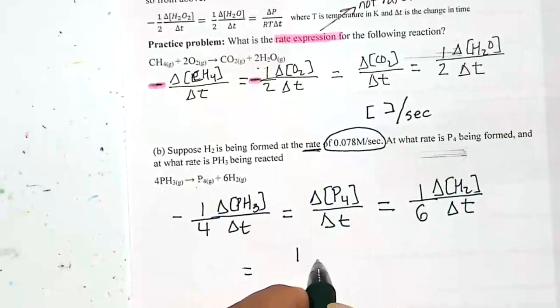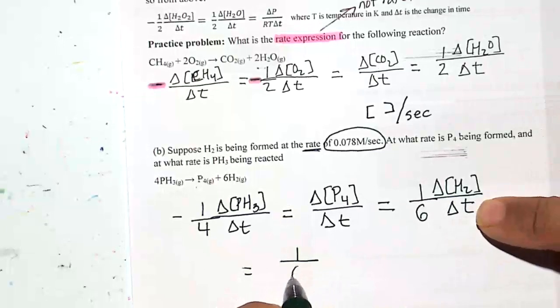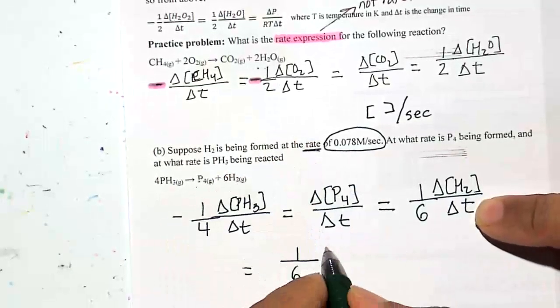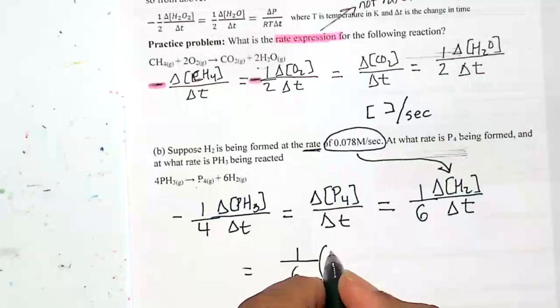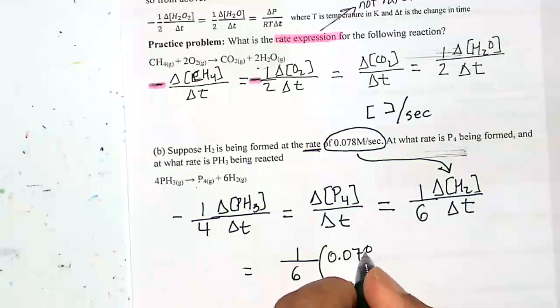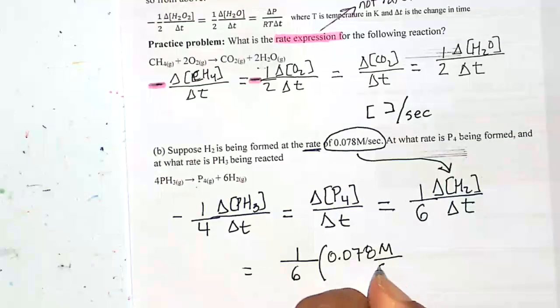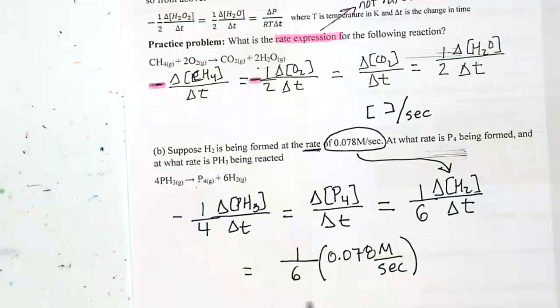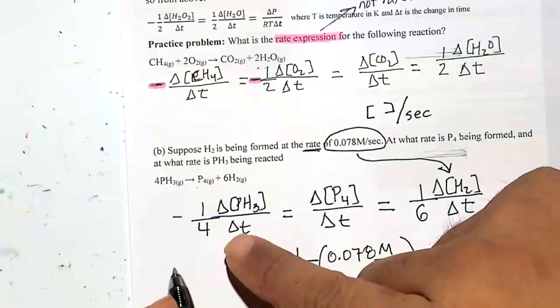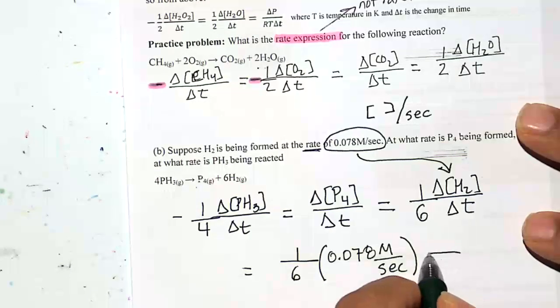So if it's being formed at the rate of 0.078, we'll take that 1/6. Put that here. Actually, let's just do this. We're only concerned with this and this, right?